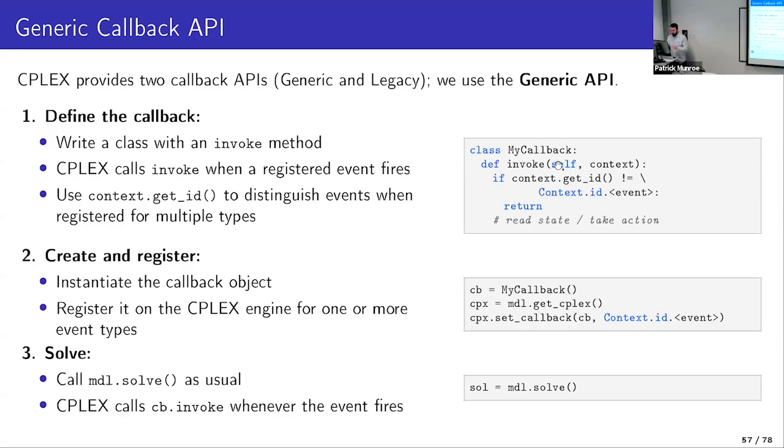But when you're inside the invoke function, you can also check if you're not in the right event, and return. It's not mandatory here because you already registered it for a single event. But when you have multiple events and want to do different actions within the callback, you may want to add this kind of if here.